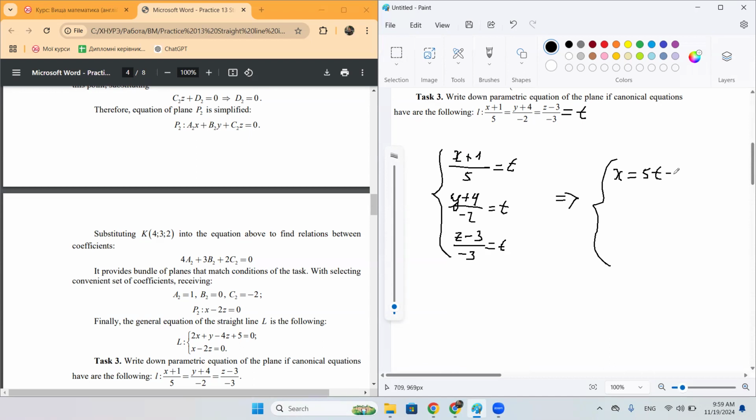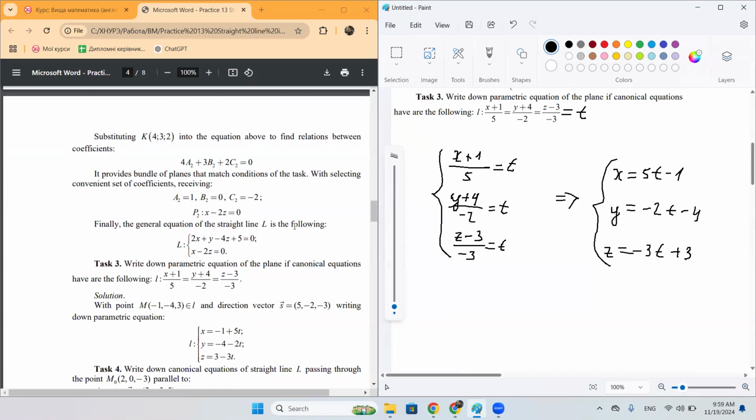So just arithmetical transformations. Y equals minus 2t minus 4. Z equals minus 3t plus 3. And that's it. So any questions about this task?